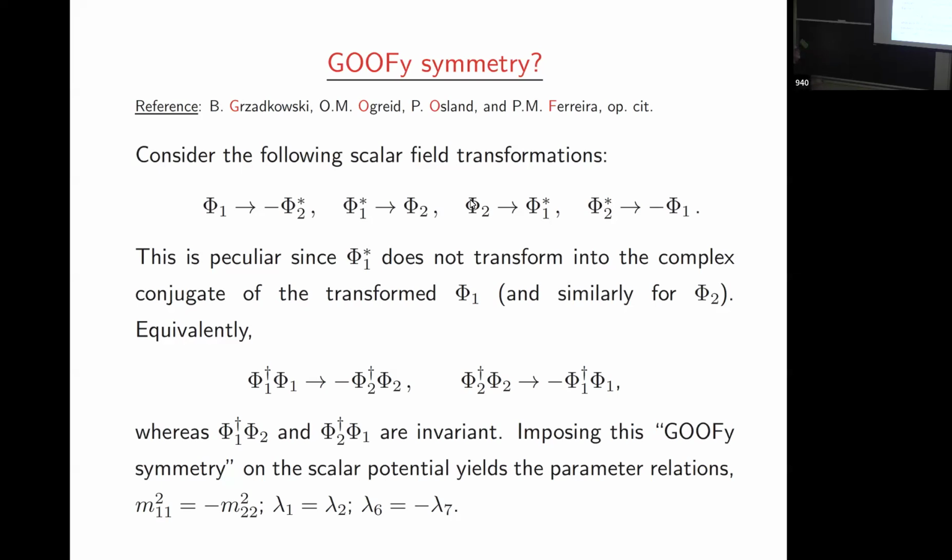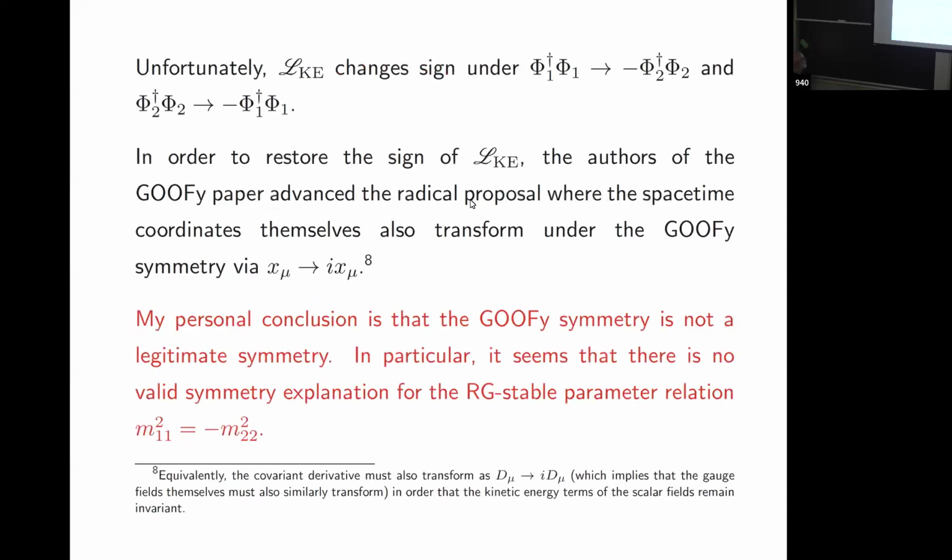If this is true, then phi 1 dagger phi 1 gets transformed into the negative phi 2 dagger phi 2 and vice versa, whereas phi 1 dagger phi 2 and phi 2 dagger phi 1 are invariant. So you impose the goofy transformations, and sure enough, you get that parameter relation. So they said, aha, this must be the symmetry, even though I don't think it's a valid symmetry.